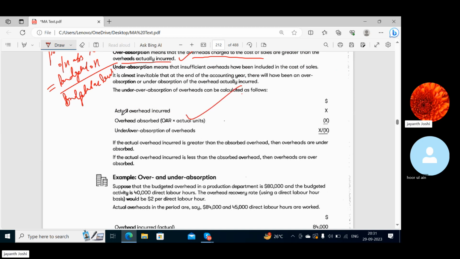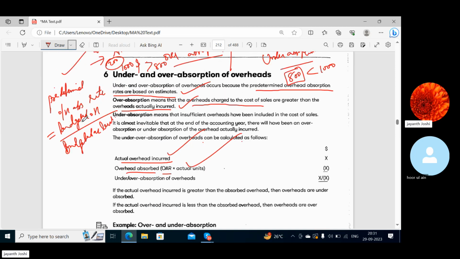And actual overhead incurred is always given in the question, and overhead absorbed you can find out with the formula overhead absorption rate. You can find out the overhead absorption rate with the help of budgeted overheads by budgeted activity level. Activity level can be machine hours or labor hours. Then you can multiply with the number of units, you can get the overhead absorbed.